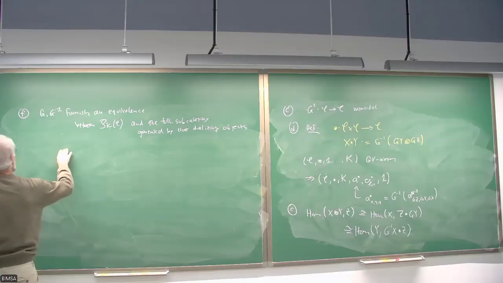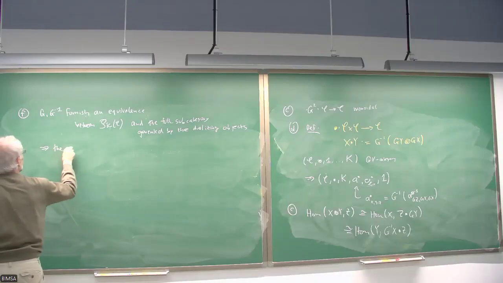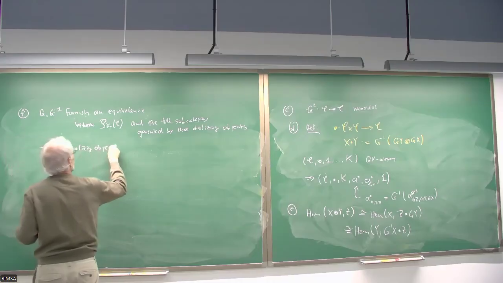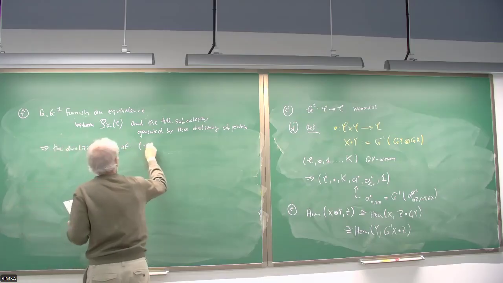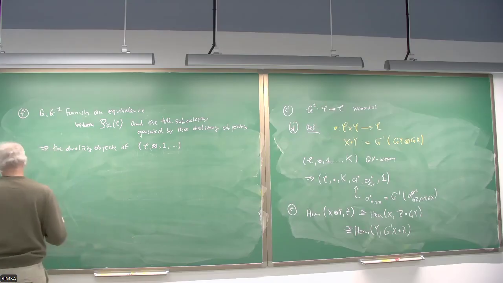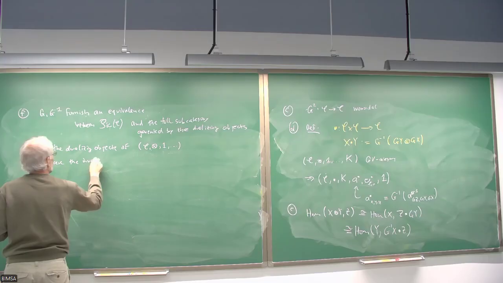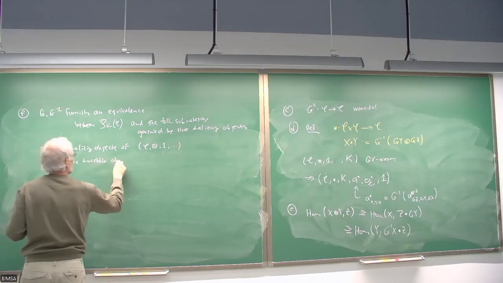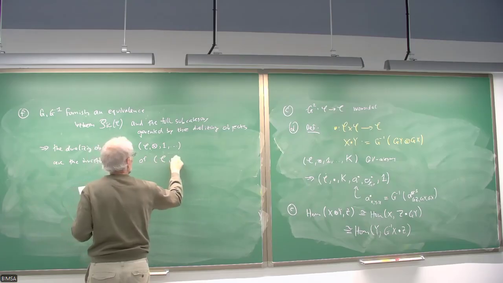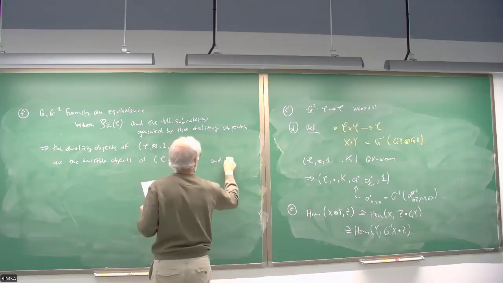But in particular, this means that the dualizing objects of the category I start with are the invertible objects of the category with the other tensor product, and the other way around.